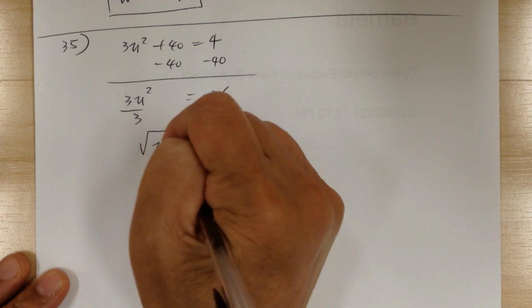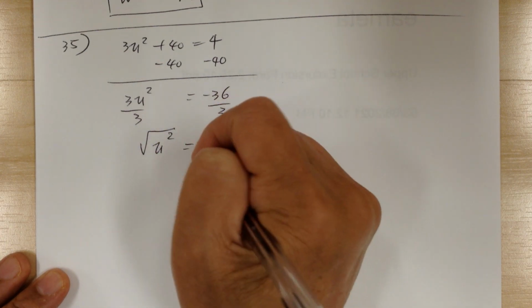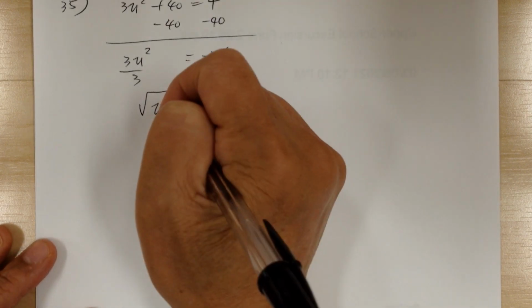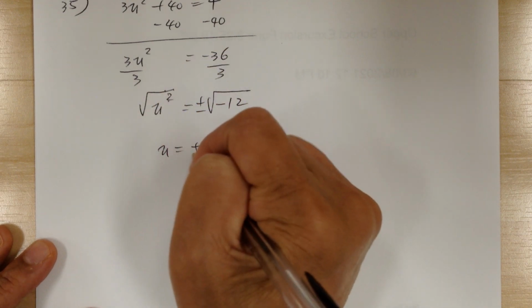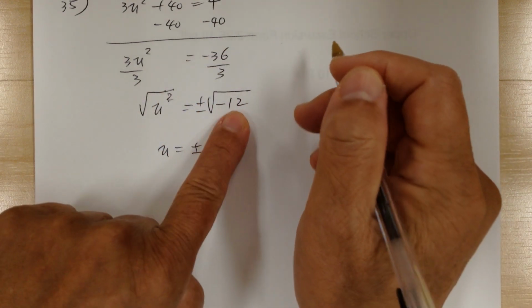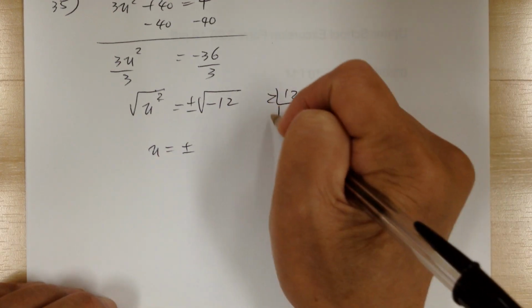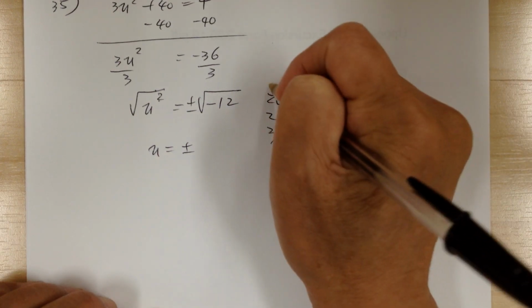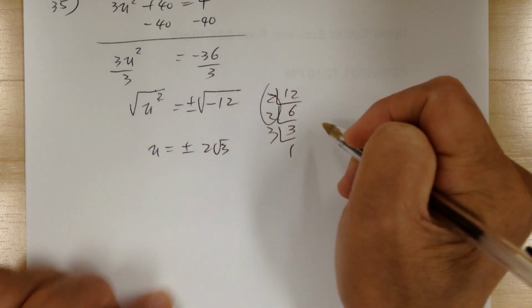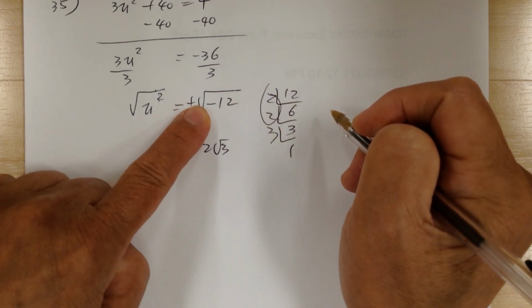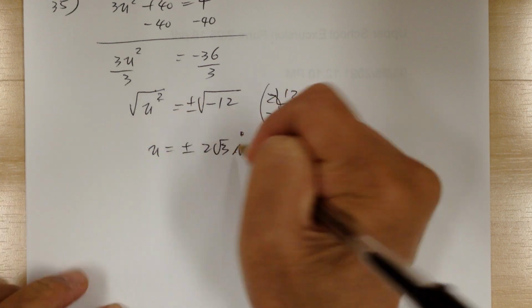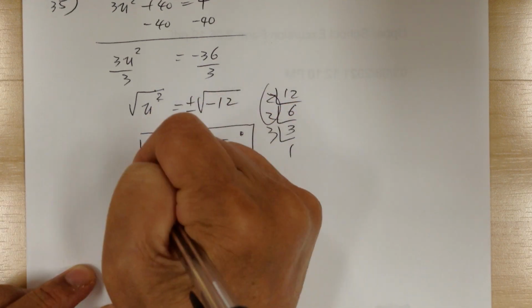And I'm going to take the square root on both sides. When I do that, I need to have a plus or minus. So square and square root cancel out. Now the 12, again, if you simplify, divide by 2, divide by 2. So you're going to get 2 square root of 3. Right, this is 2 square root of 3. And then square root of negative will give you i. Okay, and so that's it.